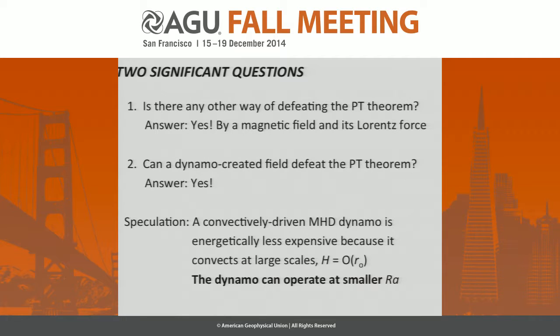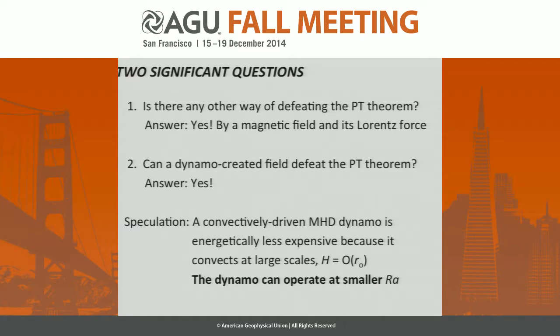It's kind of a nice idea. You have a magnetic field that the dynamo creates just to release heat out of the core, and it helps to cool the core, and at the same time it creates the field that we see on the Earth's surface. So it's really speculation at this stage.